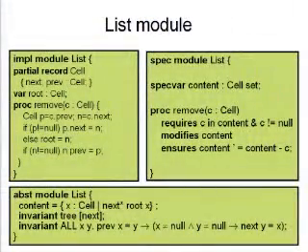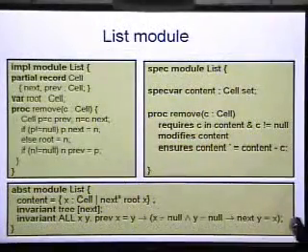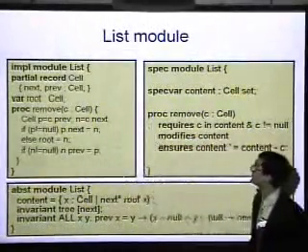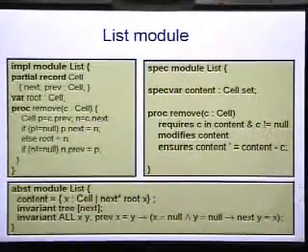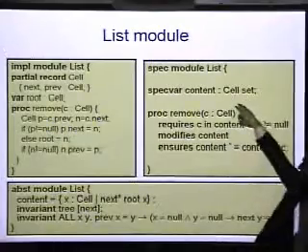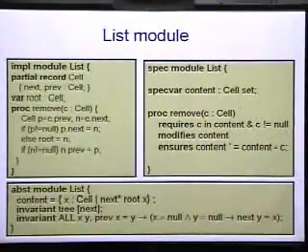And so this is what you would actually write in our language for a fragment of a list implementation. So you have the more or less standard implementation. Then you have a specification, which includes contracts for procedures. So you have an abstract field, or you could call this a model field, of a set type.